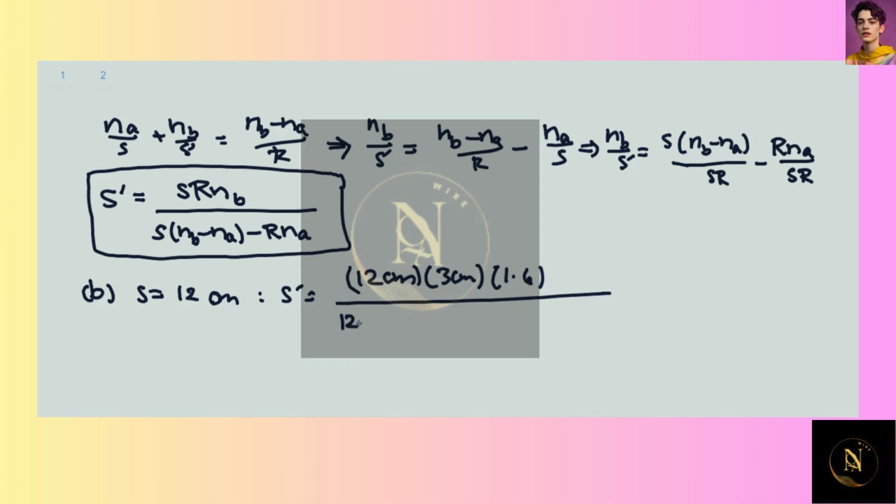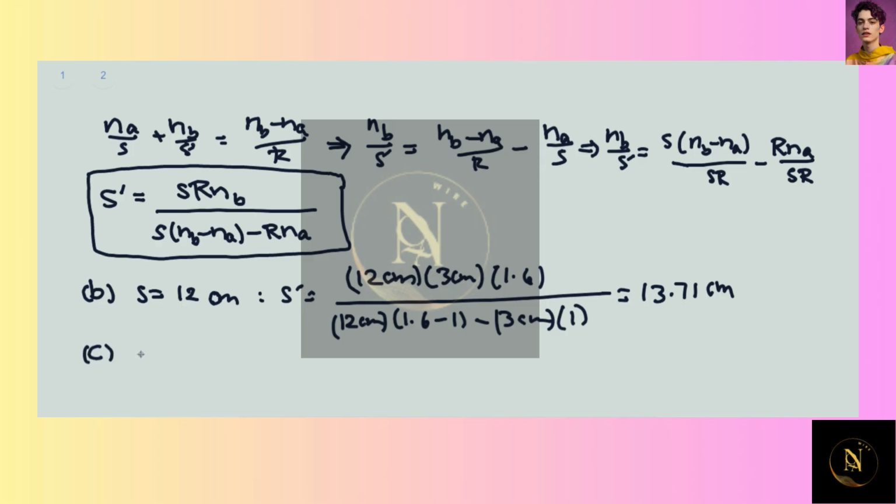S again, 12 centimeters. NB minus NA is 1.6 minus 1, minus 3 centimeters, which is R, times NA, which is 1. And you can just plug this into a calculator and you'll find that that is 13.71 centimeters for S prime.